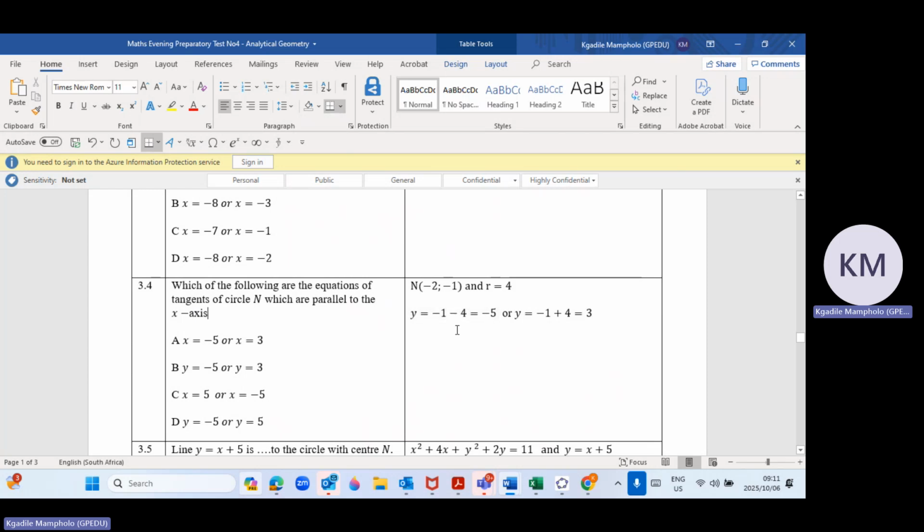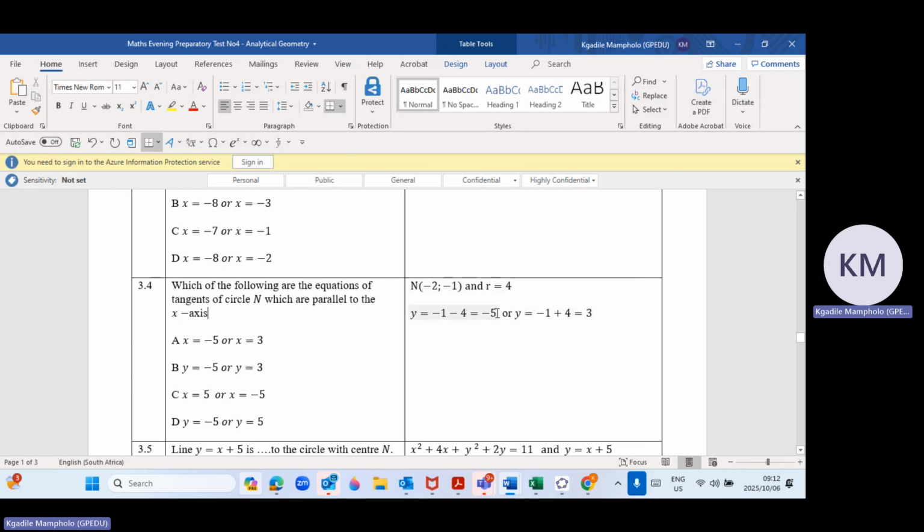Since the radius is 4, for the tangent below, you'll say -1, which is the y value of the center, minus the radius, which is 4. Then it will be -5. Above the center, you'll say -1 plus 4, which is 3.